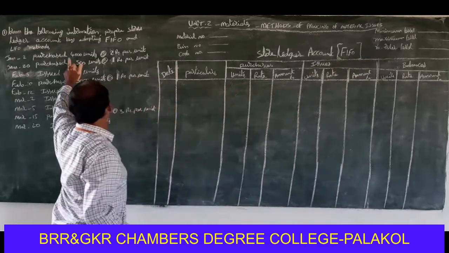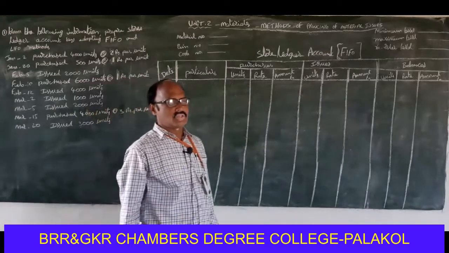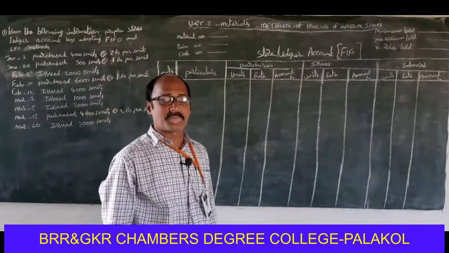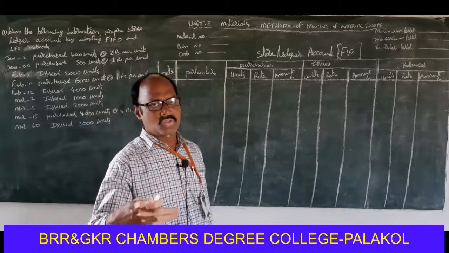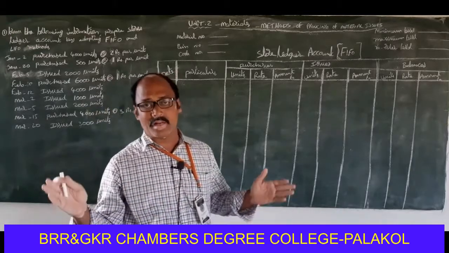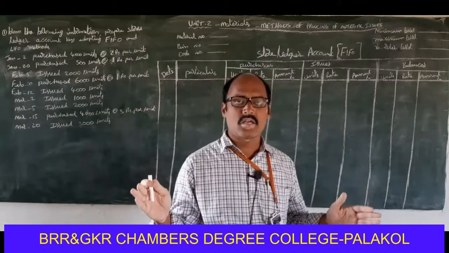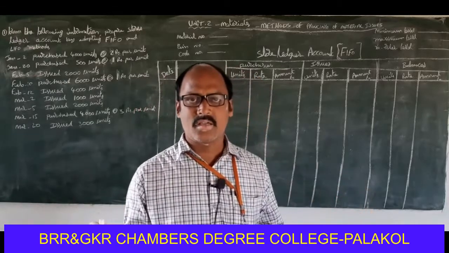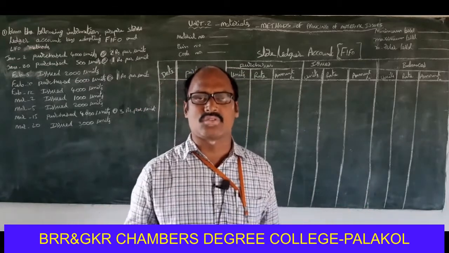It is January 2nd, purchased 4,000 units. So purchased 4,000 means goods received. The stored ledger account is prepared and maintained at the stores. That's why whenever we purchase goods, automatically we receive the goods.